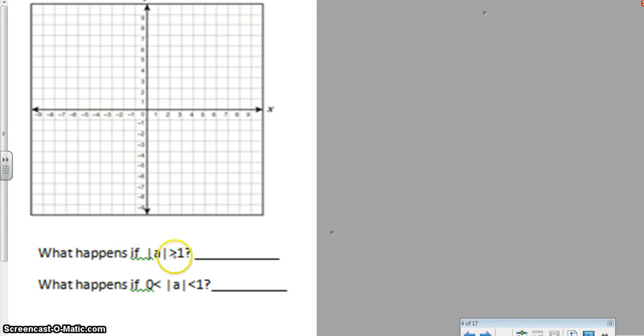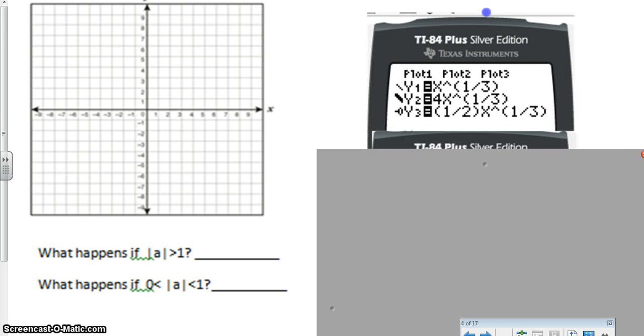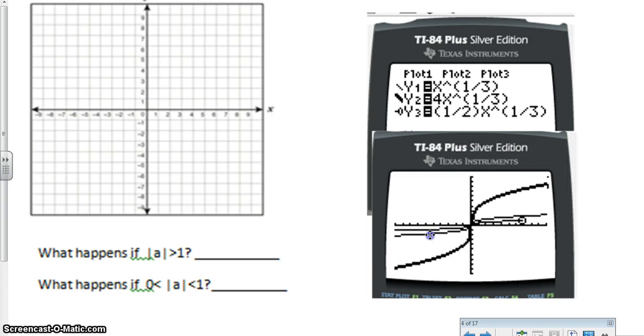All right. What if the absolute value of a is greater than 1, and what if the absolute value of a is between 0 and 1? Let's go ahead and pause the video and put this information in. All right. Welcome back. Hit zoom 6. And this is what you should get. Notice what happened.